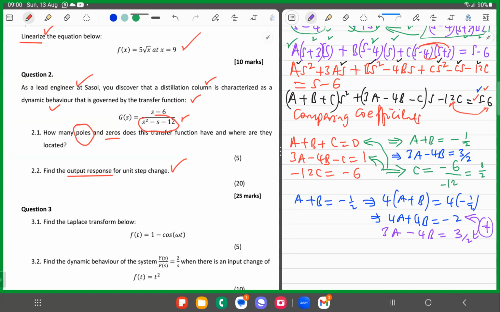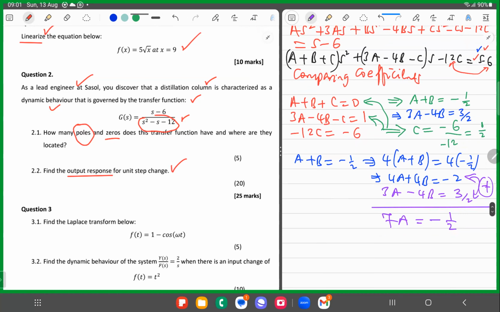what do we get? If you add them together, you get 7a is equal to minus 2 and 3 over 2, which is minus 1/2.